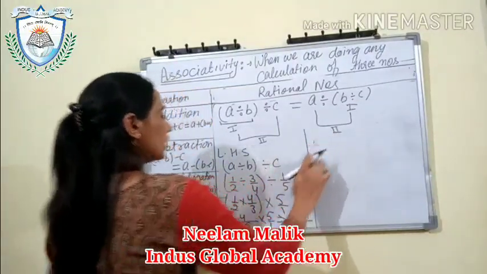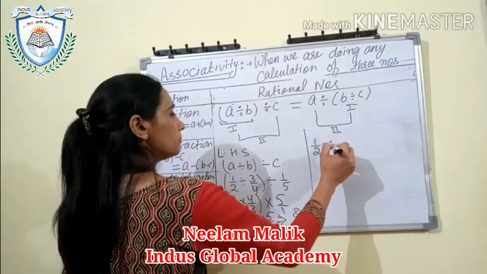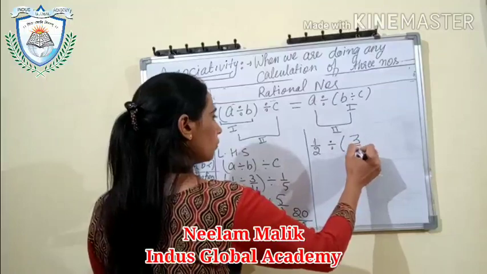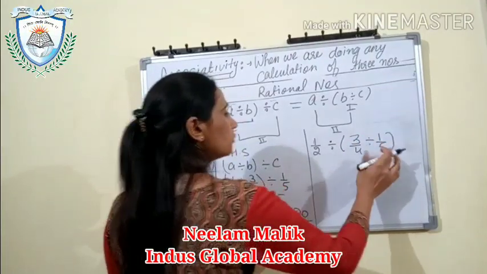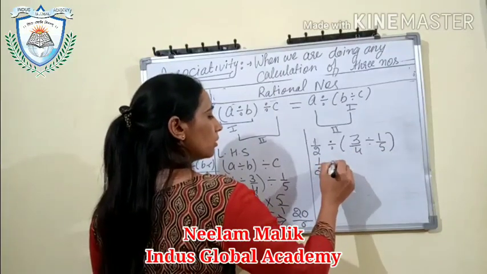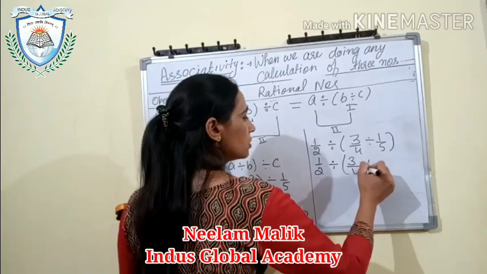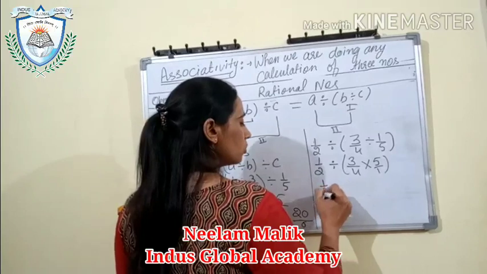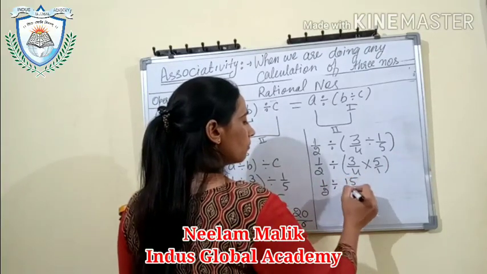A, what was A? A is 1 upon 2 divided, then start the bracket, 3 upon 4 divided by 1 upon 5. In this first I will solve this. So it will be 1 upon 2 divided by 3 upon 4. It will be changed, that will be reverse. So it will be 1 upon 2 divided by, please solve this, 15 upon 4.